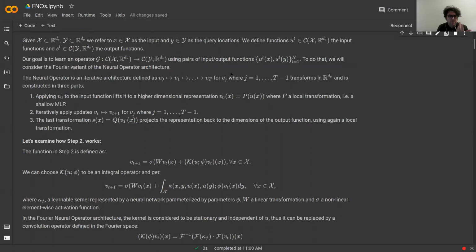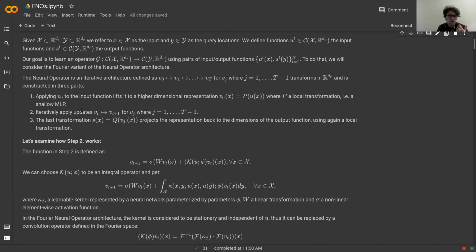As we said, the Fourier neural operator is an iterative architecture, like V0, V1 to V big T, and this can be split into three parts. The V0 is something that lifts the last dimension, the channel dimension. Then there is iteratively applying the neural operator layers.